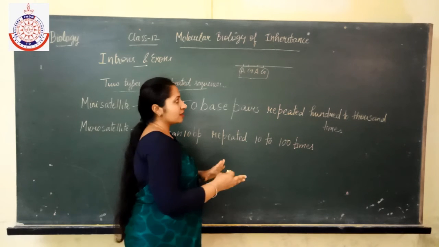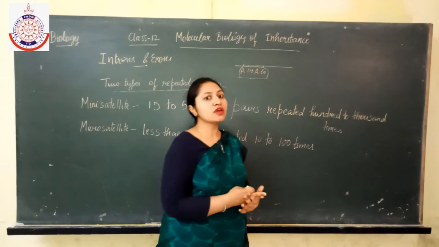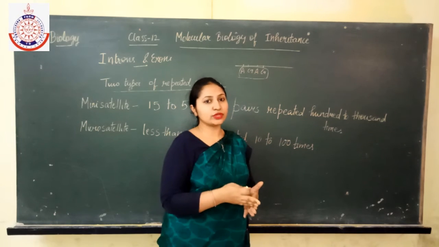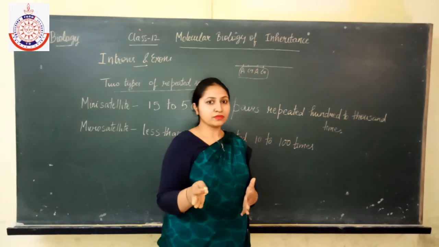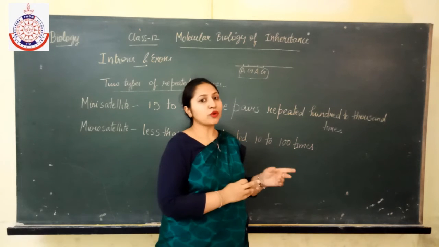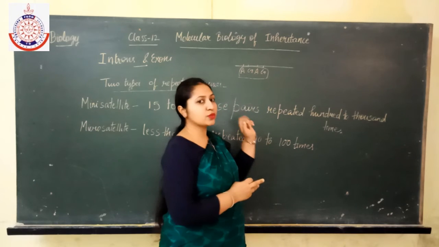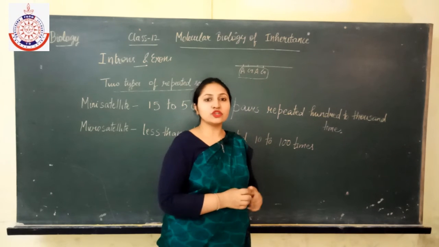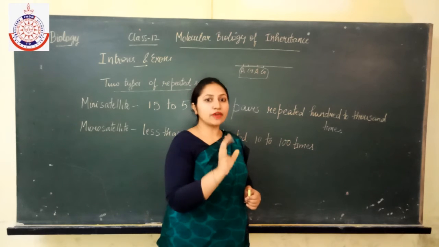So in this manner, these repeated sequences differ in their position or even in their base sequences, and otherwise the other sequences are the same. 99.9% of sequences are the same and only the 0.1% is different, because of these repeated sequences present in the human genome, whose position and base sequence vary.